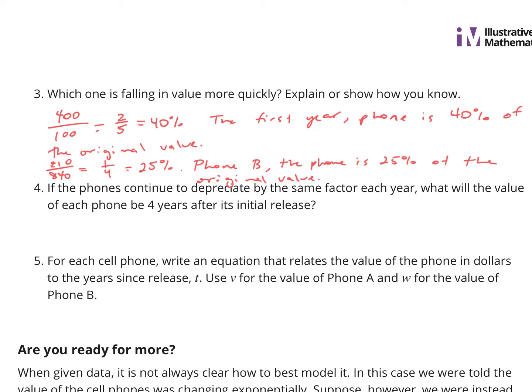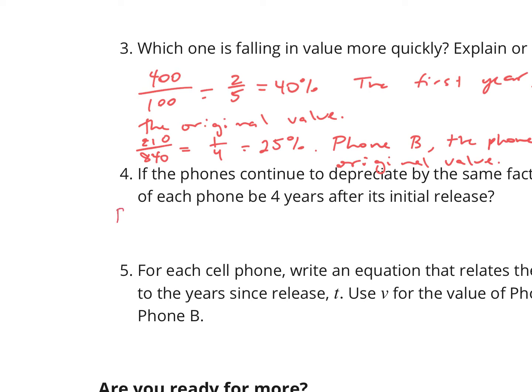For phone A, you can look at it 2 different ways. If you know that it loses 2/5 of the value, we know that 3/5 remain. Or you could set up a fraction of year one's value over the original value, and we see that that is 3/5. So we know the growth factor is 3/5.